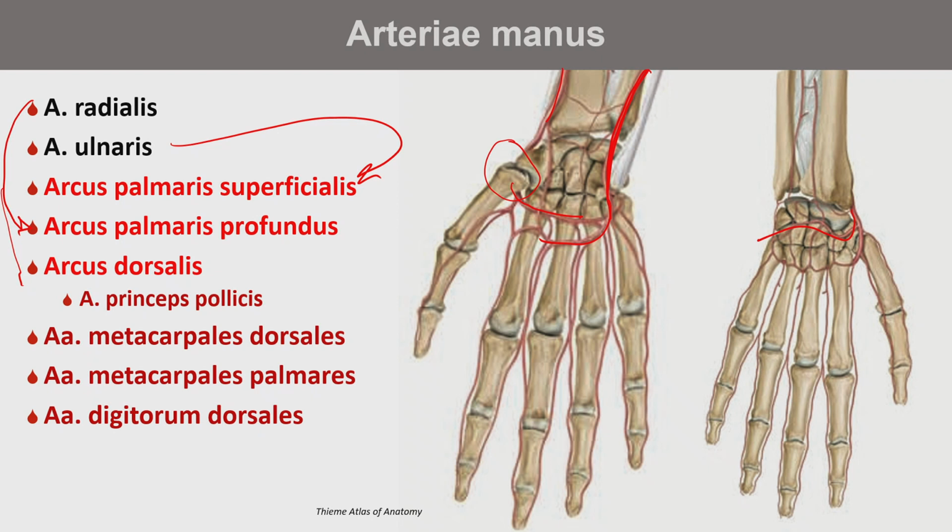From the radial artery there is also one important branch, which, like you see, is mainly supplied by the radial artery, and this is called princeps pollicis. The Latin word princeps means first.